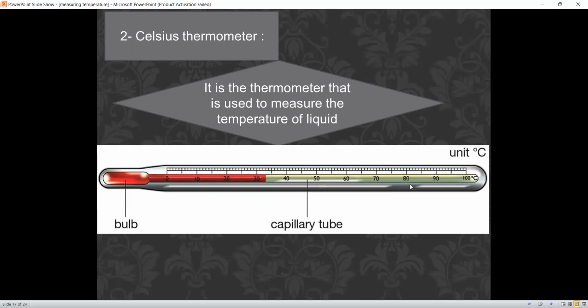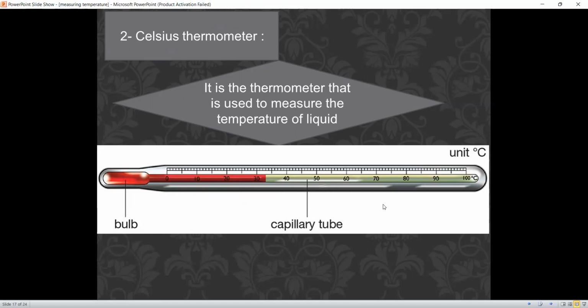There is no constriction because when we record the temperature of any liquid, we look at the thermometer perpendicular, at the same level of the thermometer. So we will put the thermometer vertically and record the temperature perpendicularly.